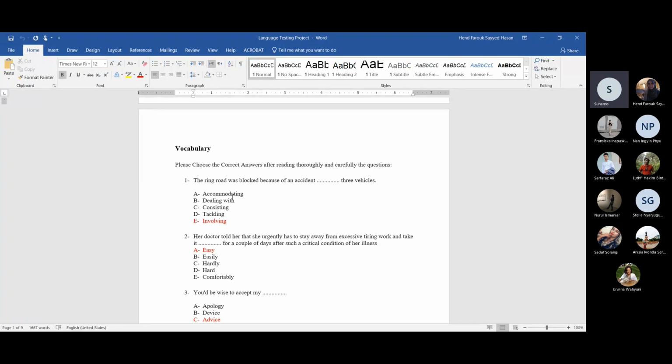After the letter A, is it a dash or a full stop? Titik atau dash? Pakai titik ya.